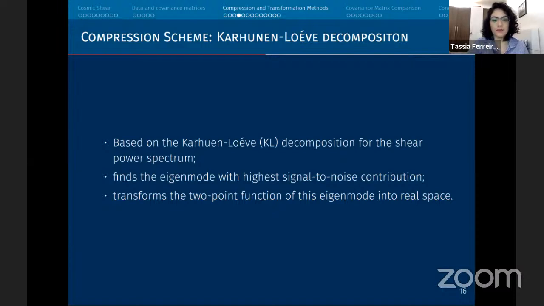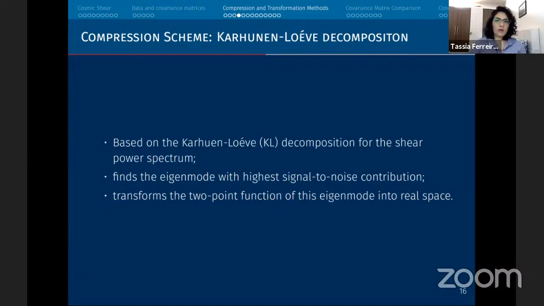Since this compression is done with respect to the tomographic bins, we don't use the 227 by 227. We use another covariance matrix, a 190 by 190, where the cuts are consistent between the angular, the tomographic redshift bins.